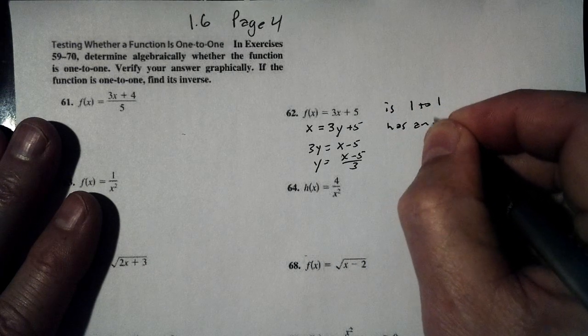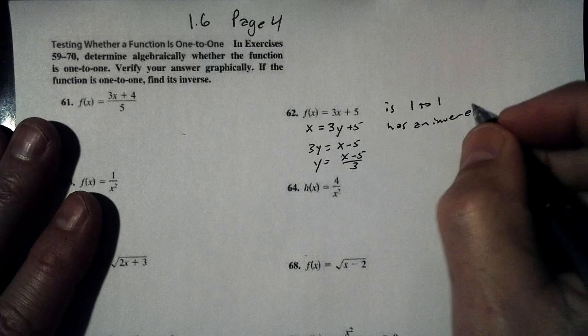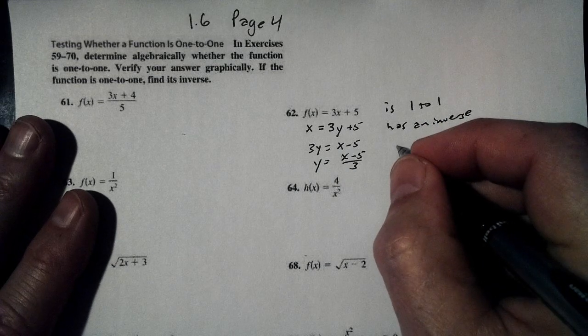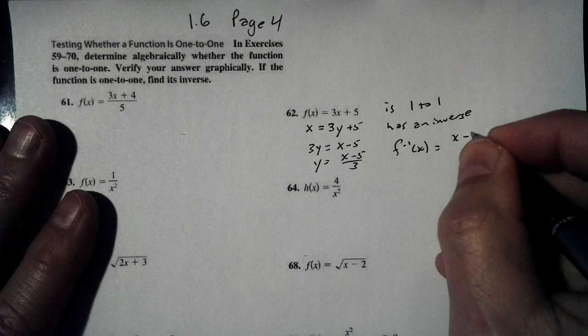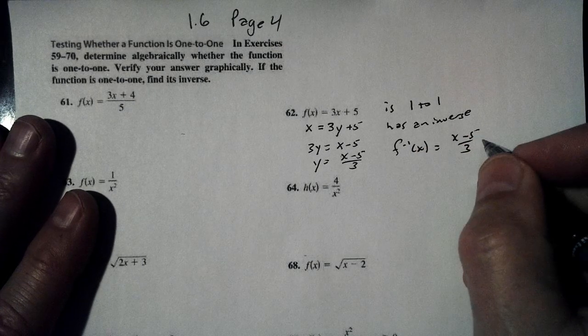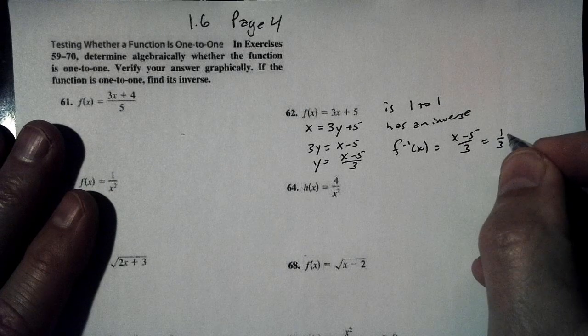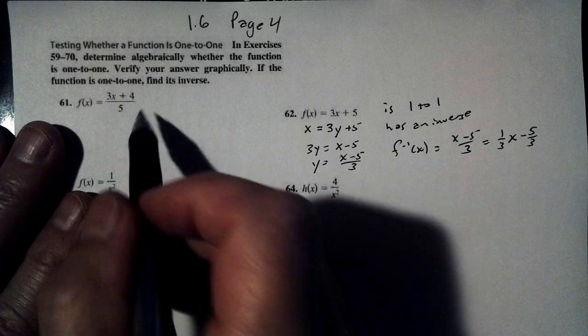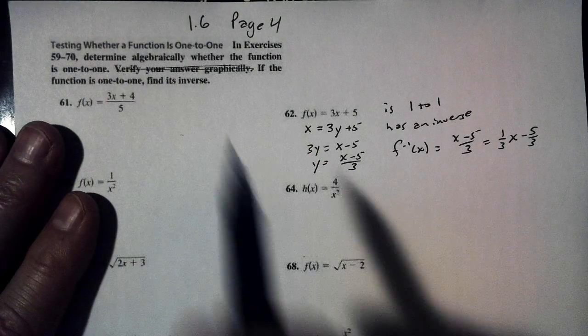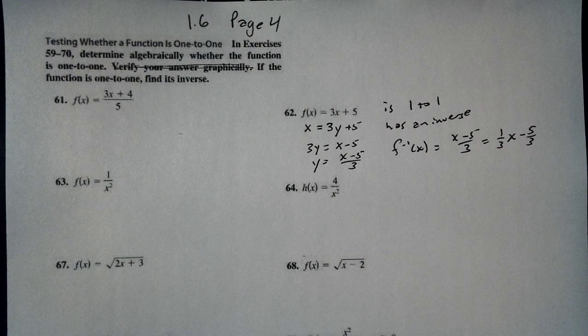Therefore, it has an inverse. And the inverse is f inverse of x is (x minus 5) over 3, or if you like, 1/3 x minus 5/3. Not going to have you graph that. You're welcome to if you want.